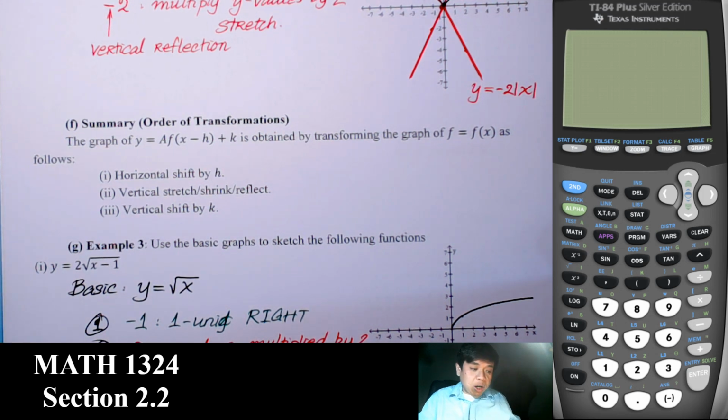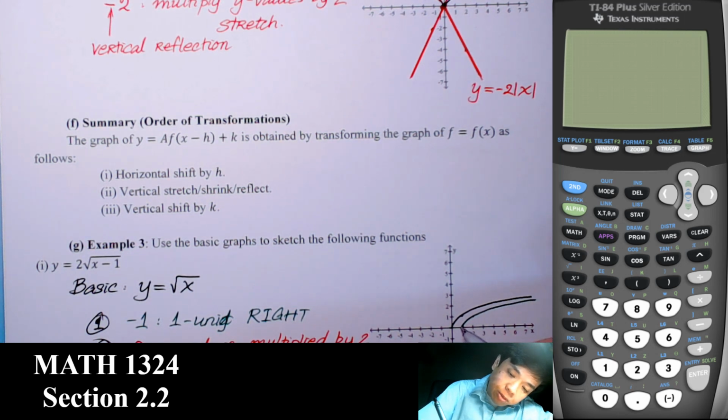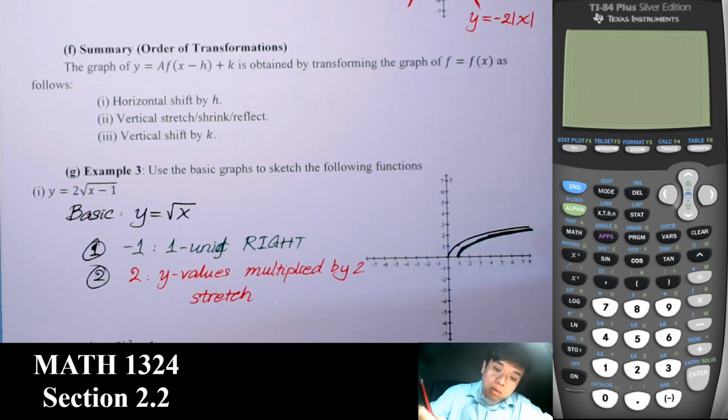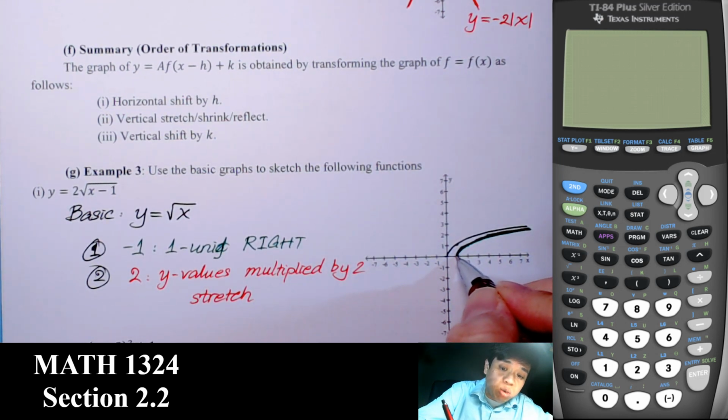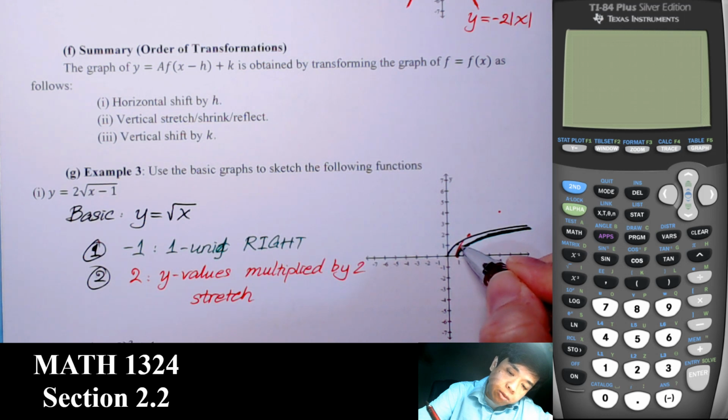So move 1 unit to the right, and then multiply everything by 2. So y value here is 0, multiplied by 2, still 0. Y is 1, multiplied by 2, it's going to be 2. 2, that would be 4. So just move 1 unit to the right, then stretch up.